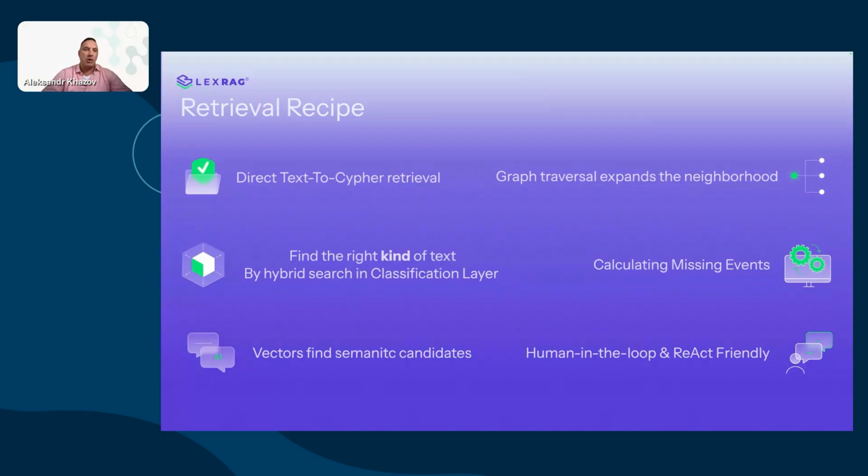If you want to grab some particular paragraph of a particular decision, you go and use direct cipher. If you want to extract some knowledge, some definitions or any kind of classifications, you may use both direct cipher on the classification layer and vector search on the classification layer.